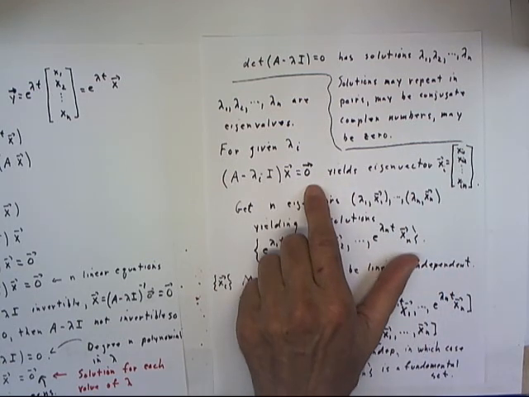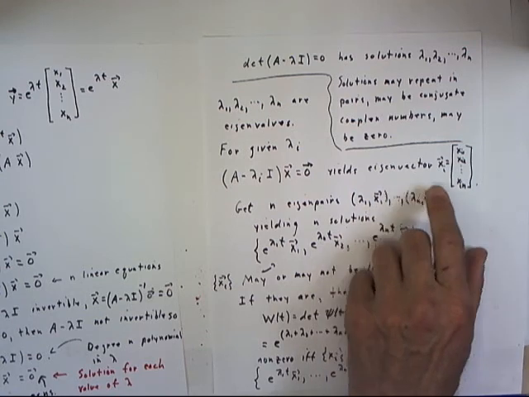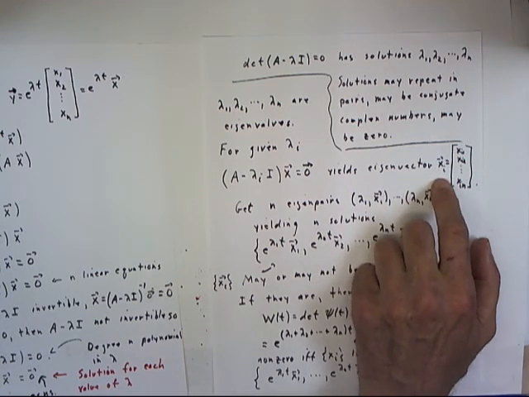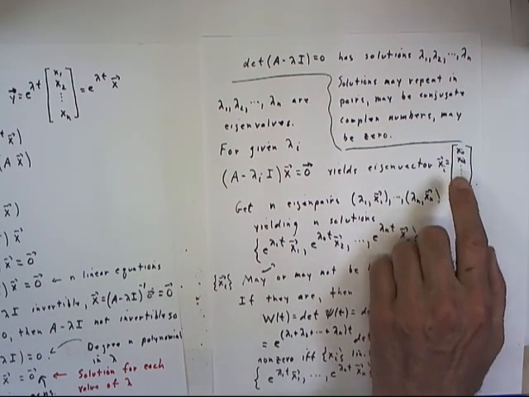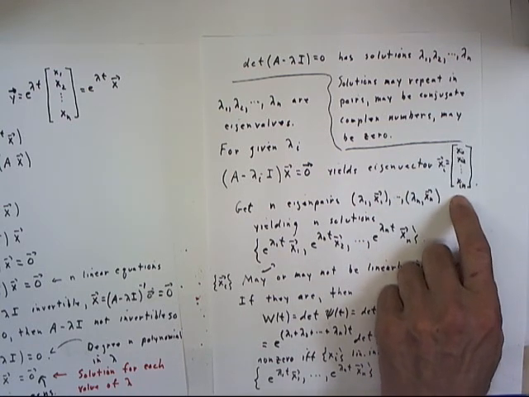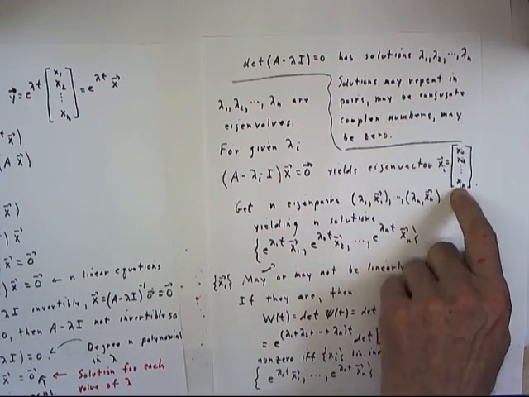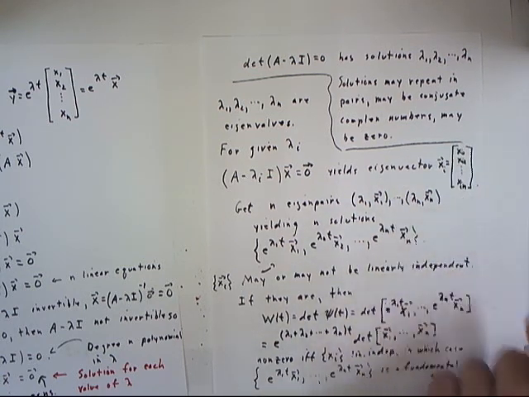This equation then can yield an eigenvector, x sub i, with components x sub i1, x sub i2 through x sub in. That might be a little hard to read. I had to write it kind of small. But it's just a series of n numbers. It's a column vector with n components.